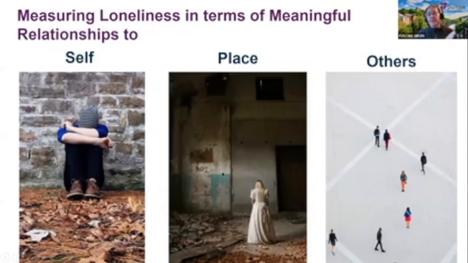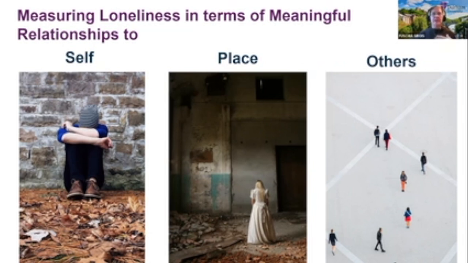So I guess just to finish up then, we can think about loneliness in the traditional way, which is a lack of meaningful relationships across these different areas. So, both with self, place, and others, so moving away from just others, but also thinking in terms of place and self. But I think ultimately the aim here too is really to have that paradigm shift now.